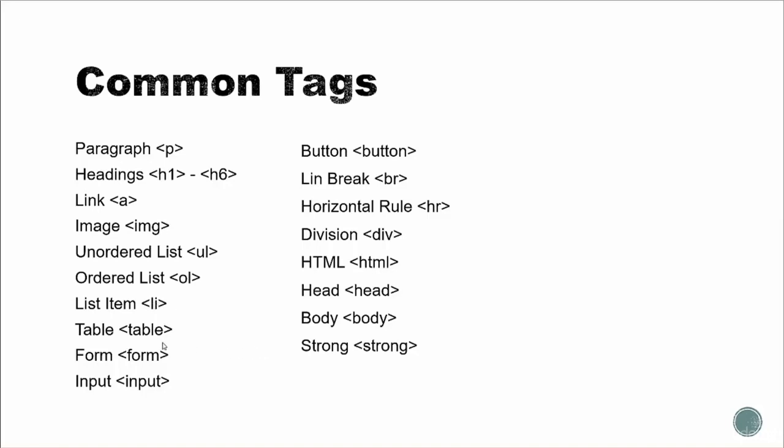We have table, form, input, button, line break, horizontal rule, which will put a line across the page or across the element, division or div tags, which are used to separate your markup, and you can add classes and IDs, which we'll get into later. And then, of course, our structure tags like HTML, head, body, and then the strong tag is used to increase the font weight of the text.